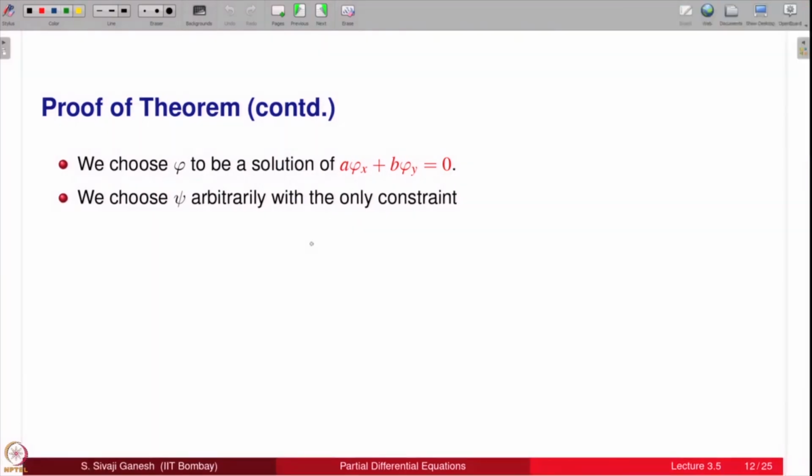There is no need to check the equation for B, because B of xi eta equal to 0 is satisfied by any function psi as long as phi satisfies the equation A of xi eta equal to 0. That is why we have lots of choices for psi, because the only constraint on psi now is that the Jacobian of phi and psi is non-zero, so that xi equal to phi xy, eta equal to psi xy defines a coordinate change transformation.